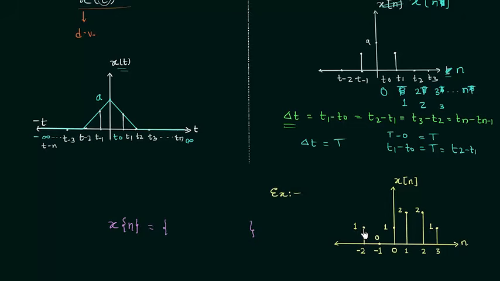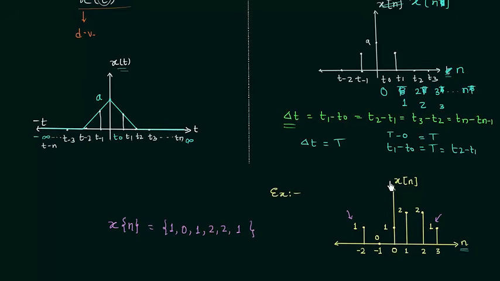We have amplitude equal to 1, 0, 1, 2, 2, 1, and we will start from the leftmost amplitude and end at the rightmost amplitude. So we have 1, 0, 1, 2, 2, 1. These are the amplitudes, but this information is incomplete because we don't have any information about the independent variable n.